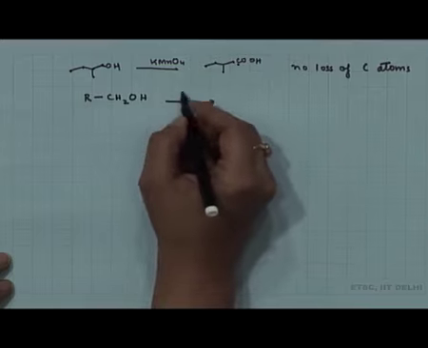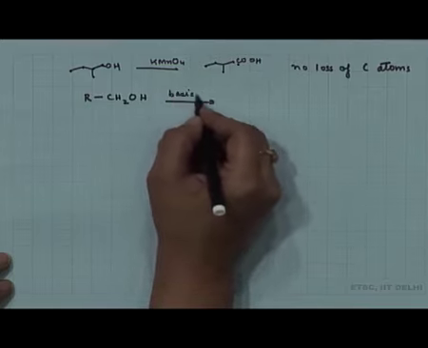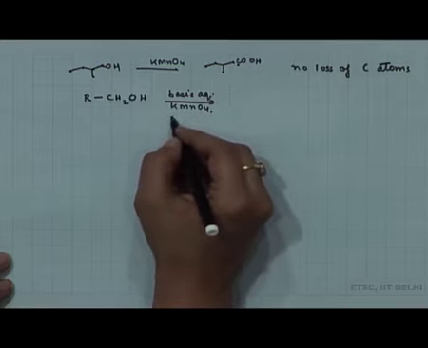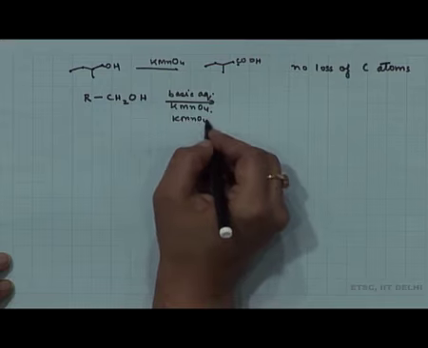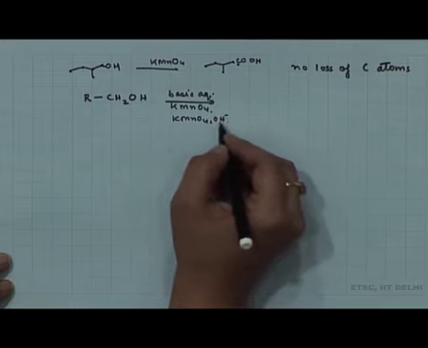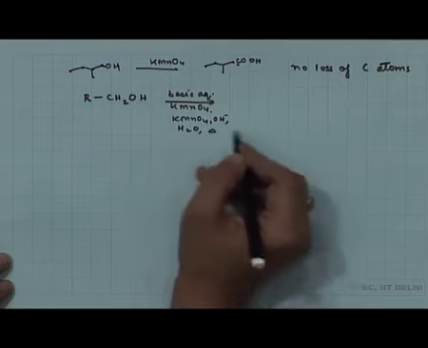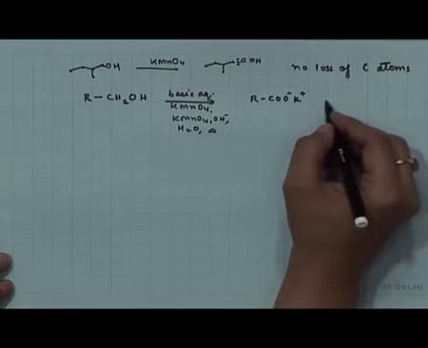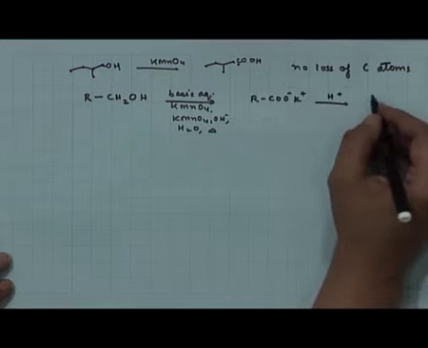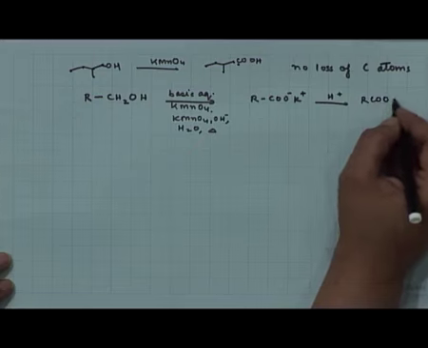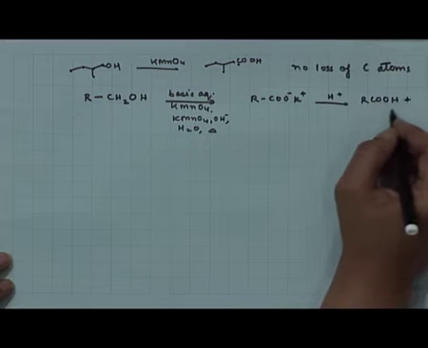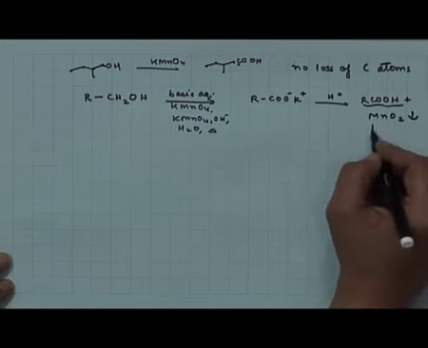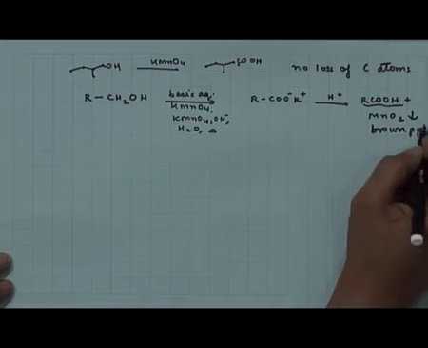So, you treat it with basic aqueous KMnO4 solution, okay, which means you have KMnO4. Basic means under alkaline conditions you put some hydroxide, it is aqueous, and you heat it, you get the corresponding potassium salt of the acid first, which then gives you the corresponding acid along with the formation of a brown precipitate of MnO2.